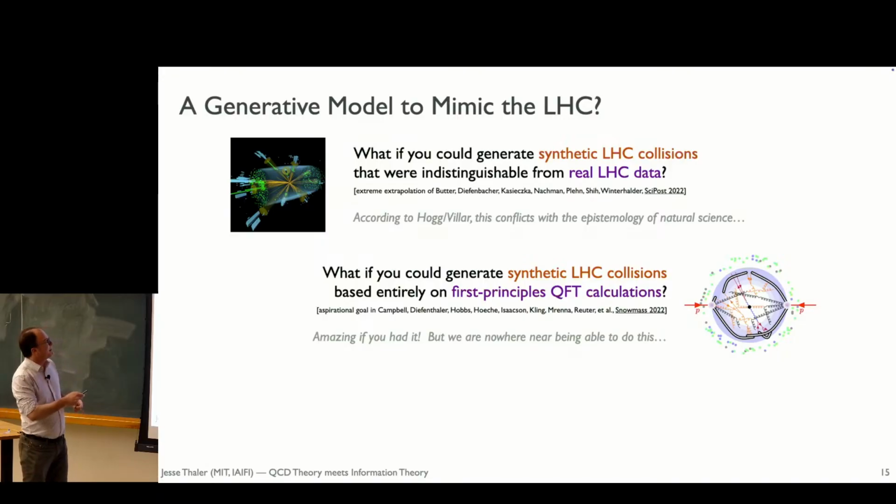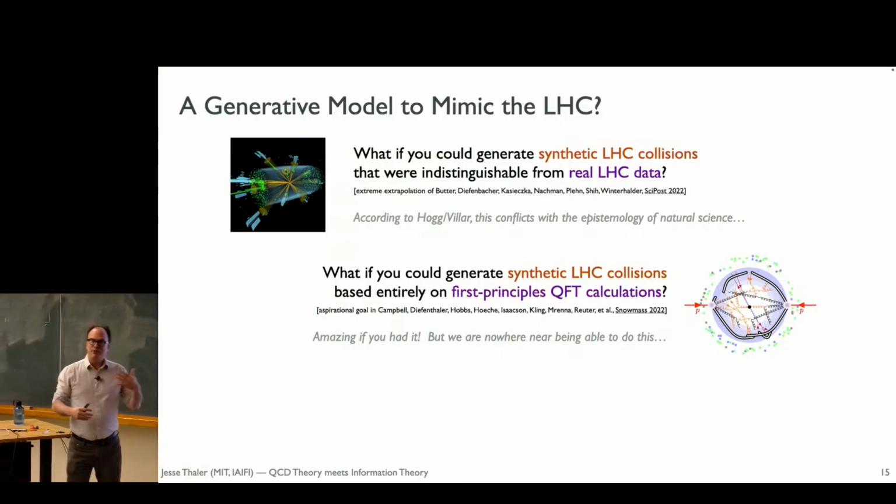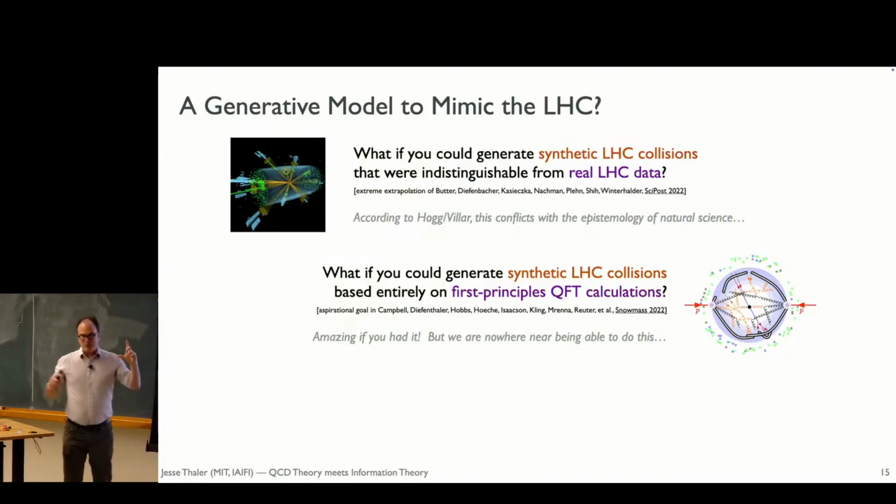But whereas the top is at least in principle doable with our current infrastructures, the bottom here is not doable. We have various non-perturbative models. We can only compute things to certain accuracies in quantum field theory. And so this is where this tension shows up.